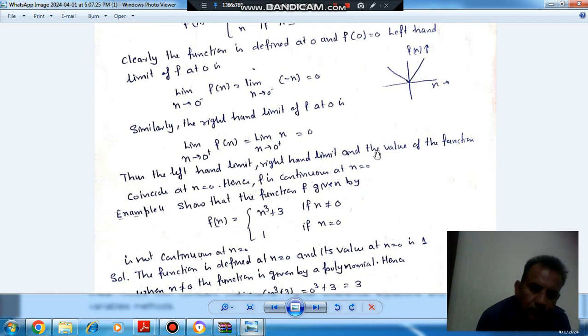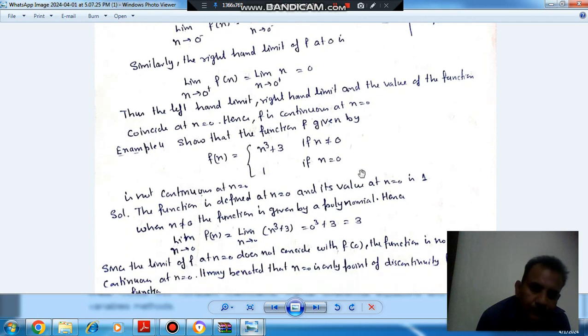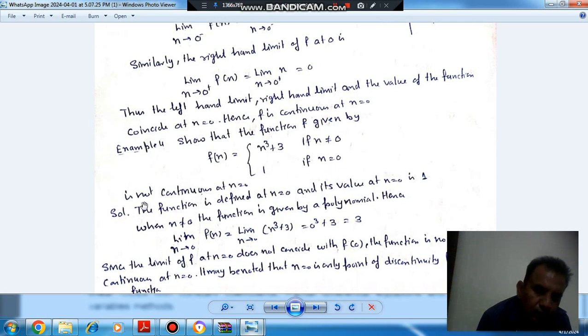Now the fourth example: show that the function f given by f(x) = x³ + 3 if x is not equal to 0, and 1 if x = 0, is not continuous at x = 0. If we want to find the limit of the function, we take x on the negative side and x on the positive side of 0. For both negative and positive, the equation is this.